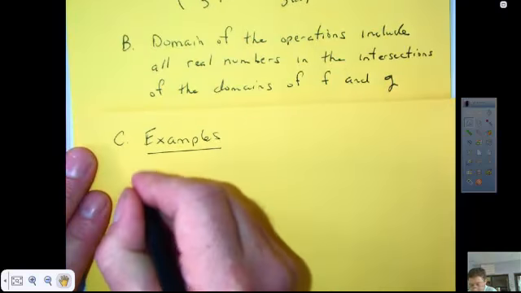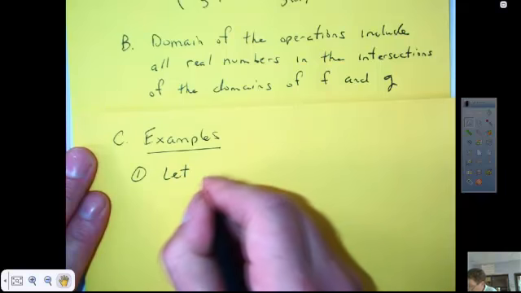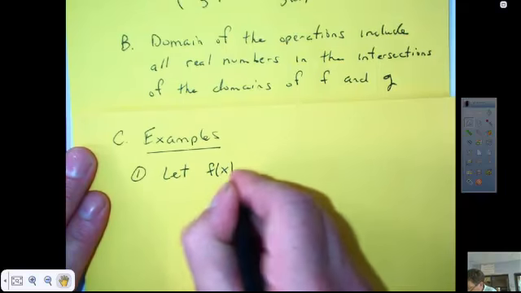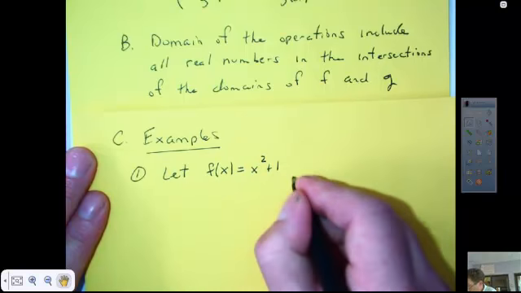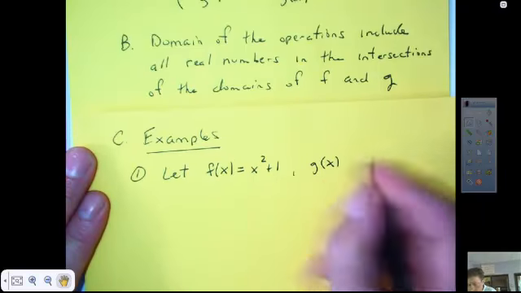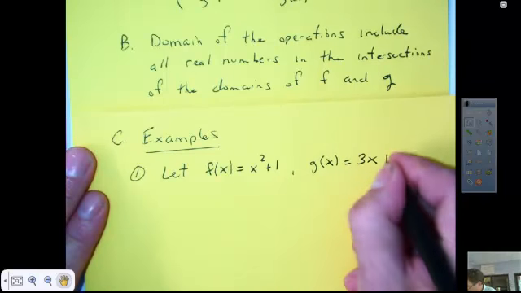So example 1, let f of x be defined as x squared plus 1, and g of x be defined as 3x plus 5.